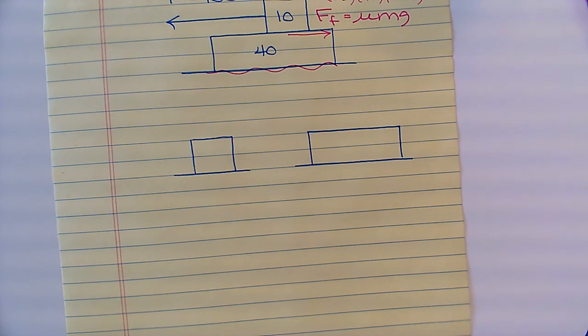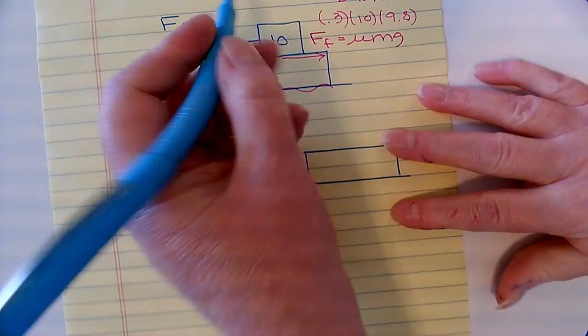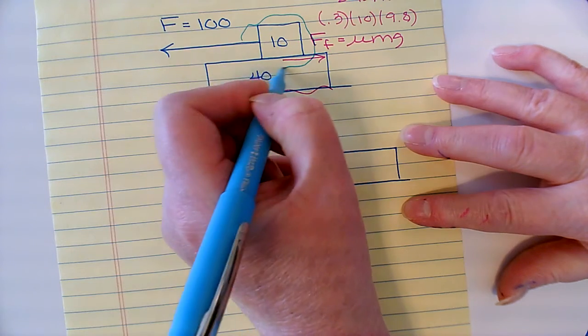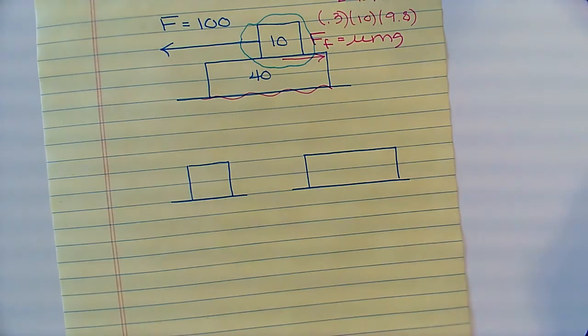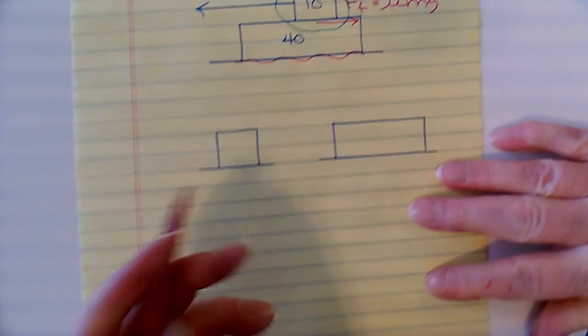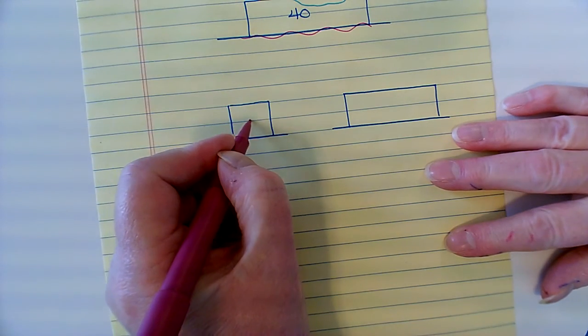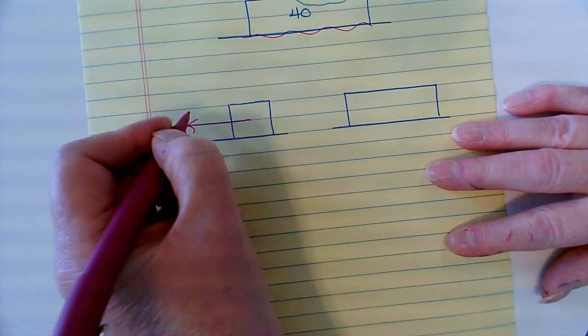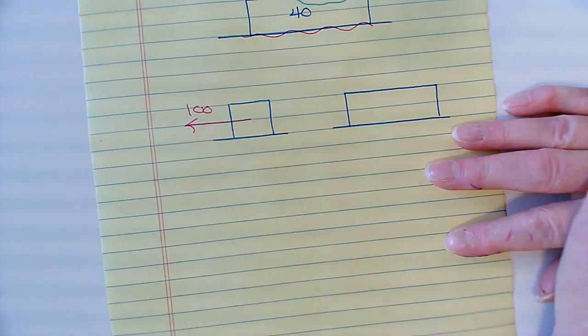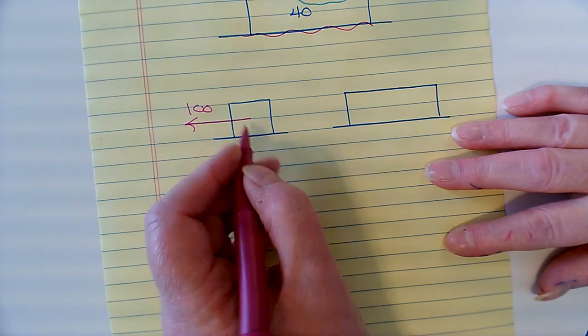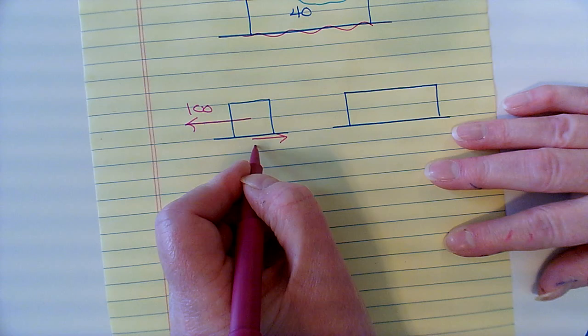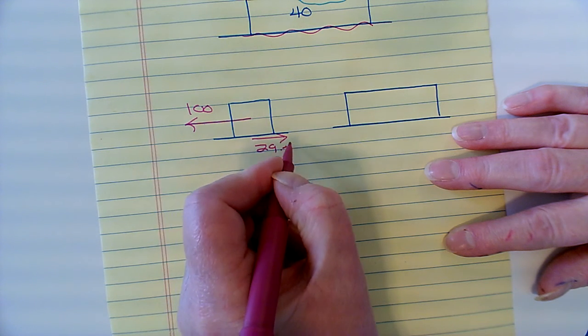Letter A says, what is the resulting acceleration of the 10 kilogram block? So I'm going to draw a free body diagram of just him. When I do that, I have a big 100 going this way, and I can see that I have a little friction going backwards, 29.4.